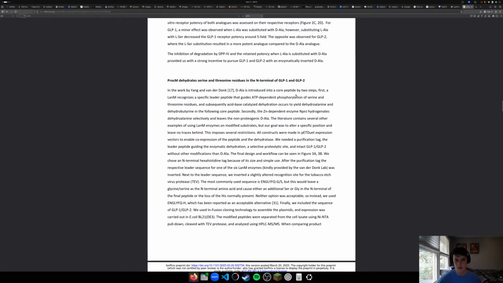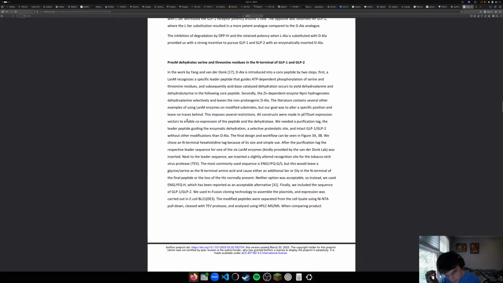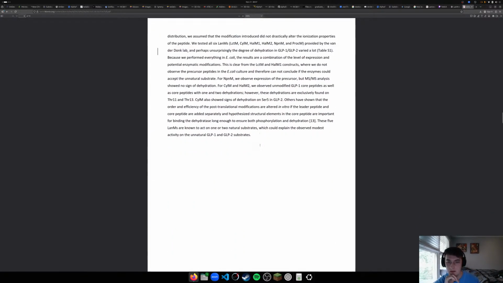The alanine is introduced into the core peptide. First, the enzyme recognizes... The literature contains several other examples using unmodified substrates, but our goal was to alter the specific position and leave no traces behind. All constructs.